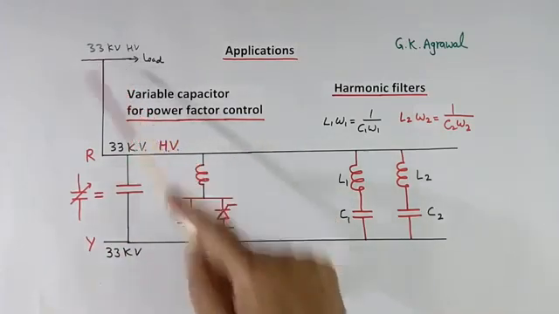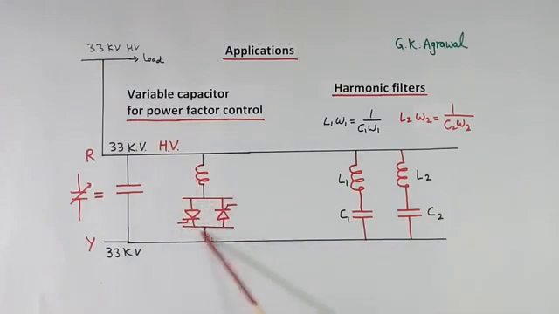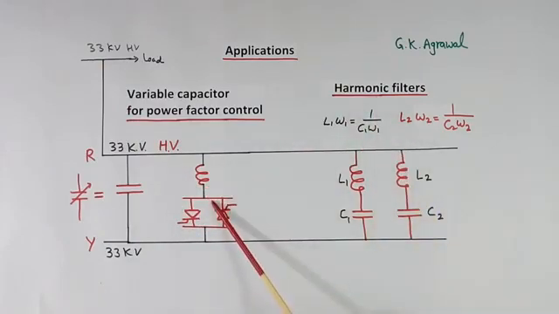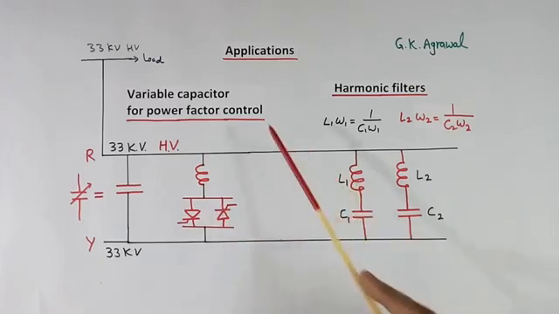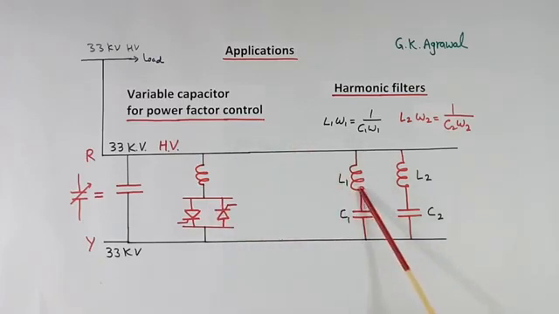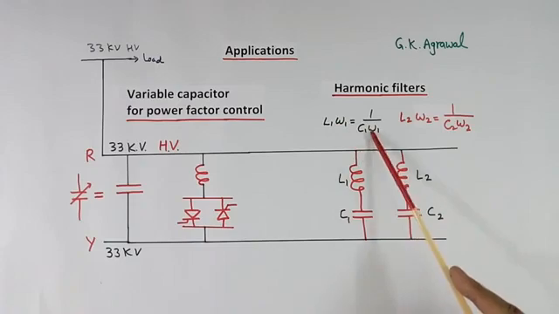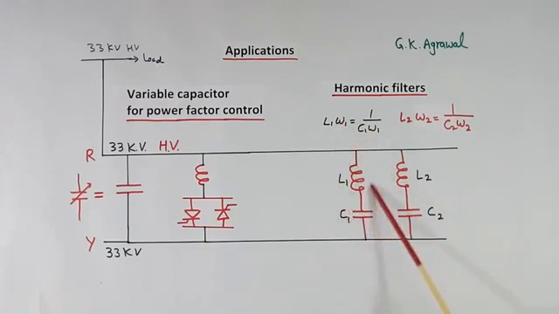But power factor will improve, but because of this switching of the inductor, harmonics will generate. So another application of inductor is harmonic filters. Here what we do, we have one L and C in series and tuned. Tuned means at a particular frequency, say omega 1, impedance of this and impedance of this become equal.